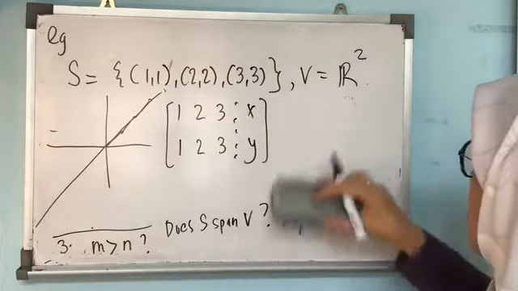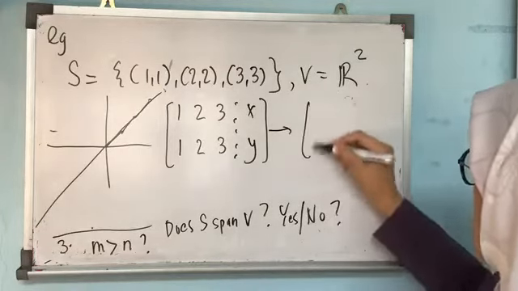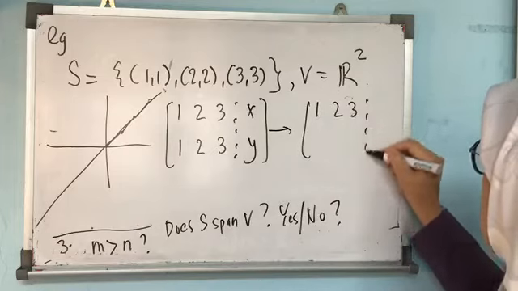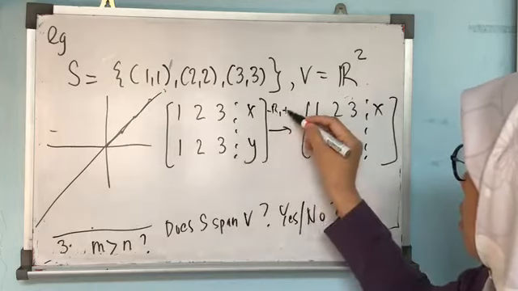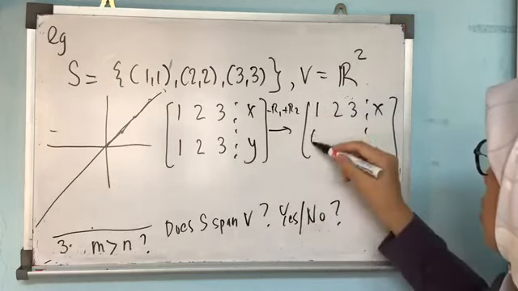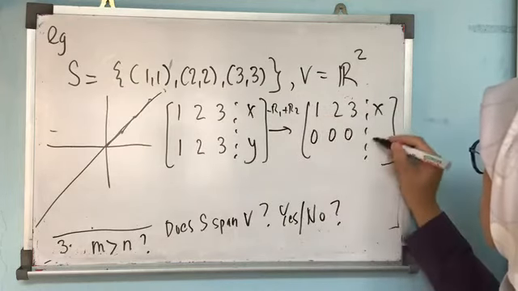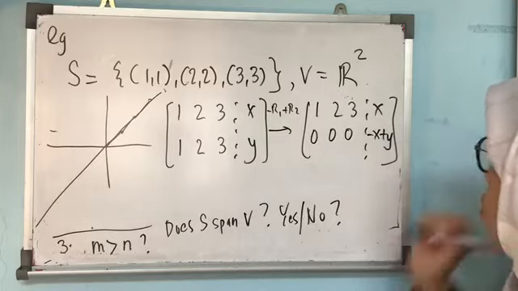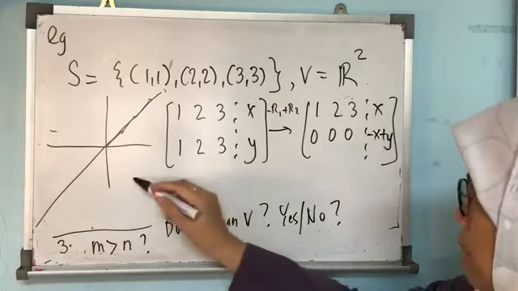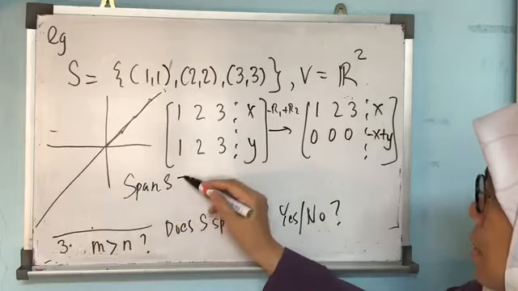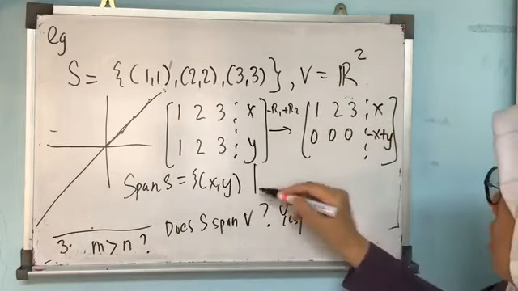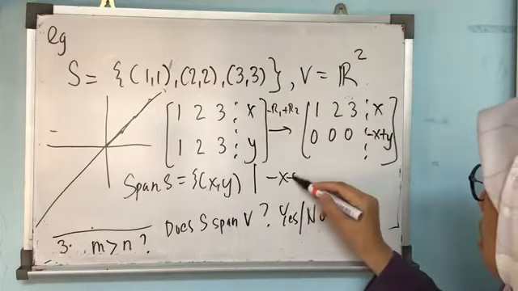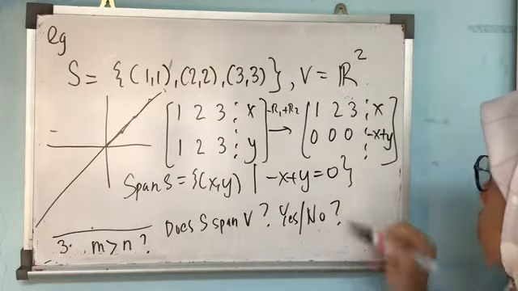If you put these (1,1), (2,2), (3,3) with x, y, what do you get? You will get the augmented matrix 1 2 3 | x, and 1 2 3 | y. Negative R1 plus R2 gives 0, 0, 0 | negative x plus y. So the span of S is xy, because it's R2, negative x plus y is 0.